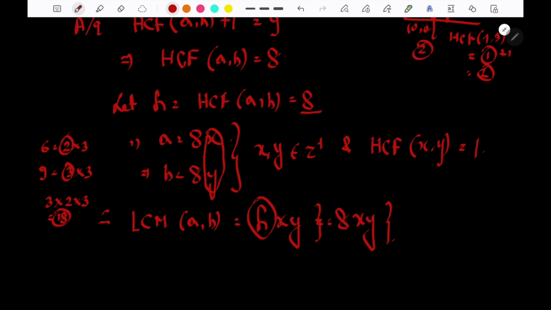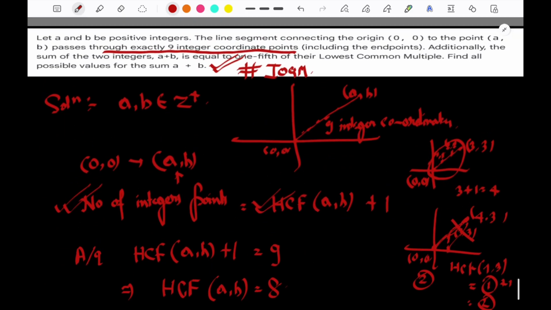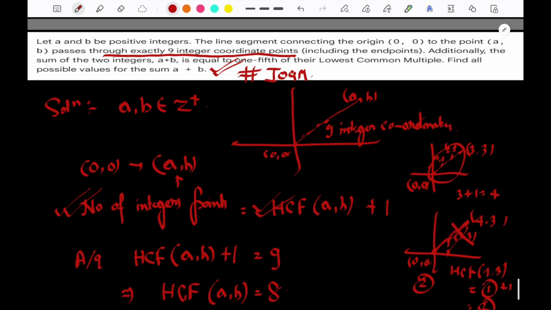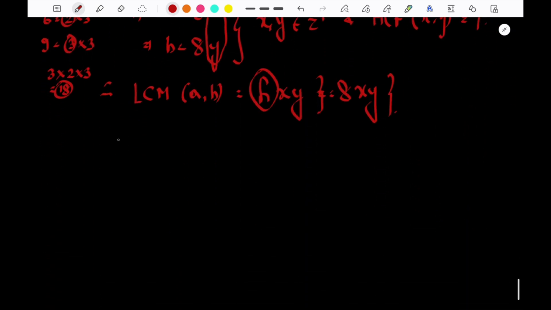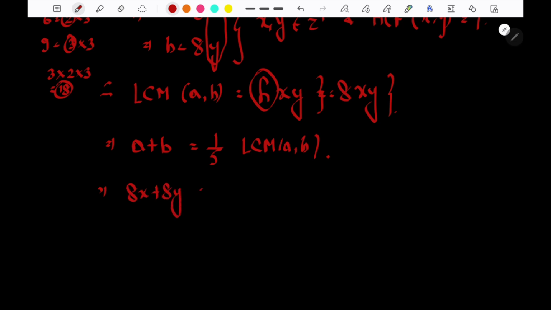So the answer is 8xy. But according to the question, what is given? a plus b is equal to 1/5 of their LCM. So it means a plus b is equal to 1/5 of LCM of a comma b. Now what is a? a is 8x plus 8y is equal to 1 by 5 of 8xy.